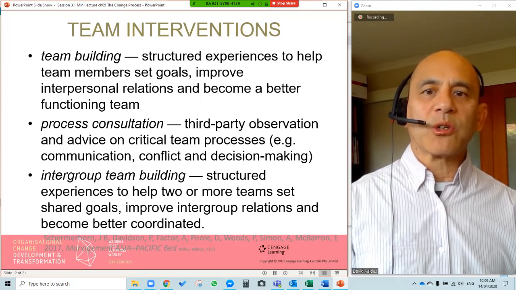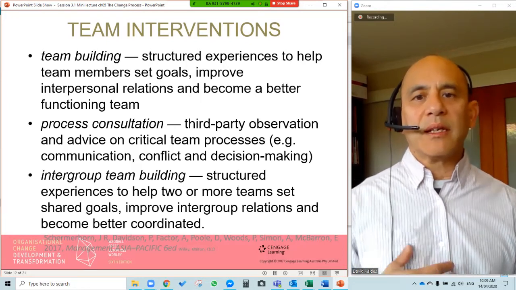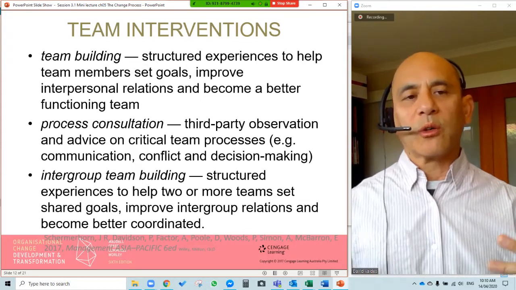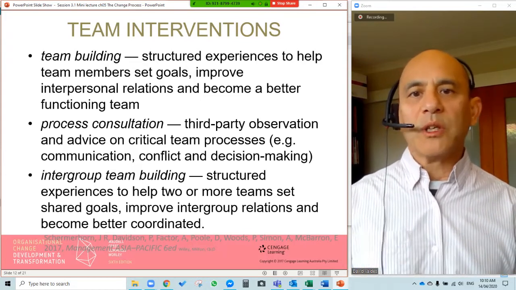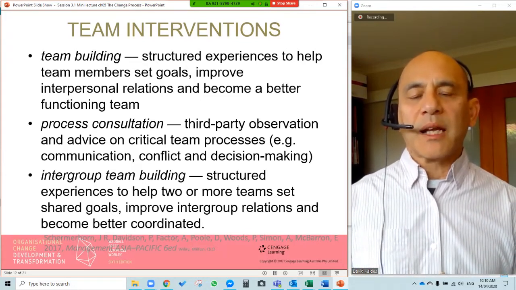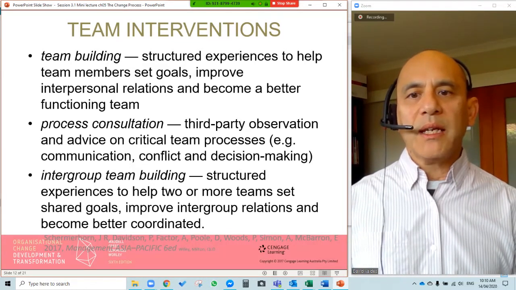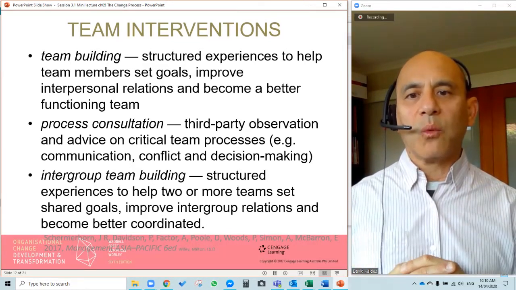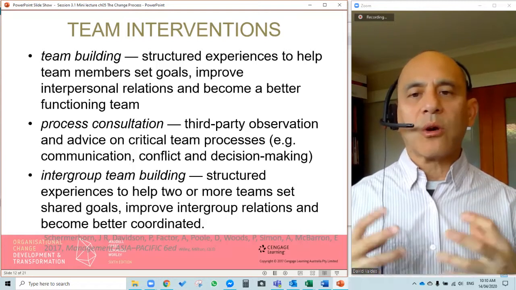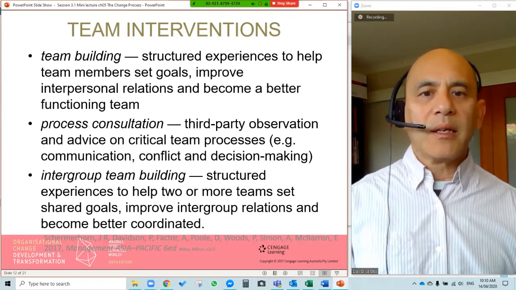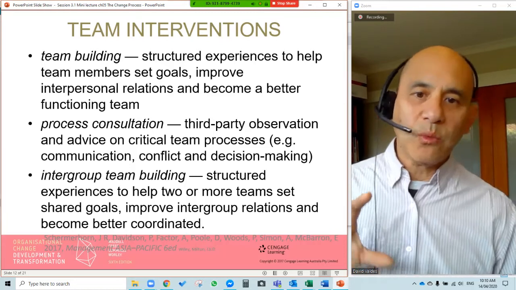Another is process consultation, where you get a third party to observe what's going on within the team. This could be an OD consultant as well. That person might look at the way communication is done, what causes conflict, whether the conflict is handled well, and basically how decisions are made within the team.